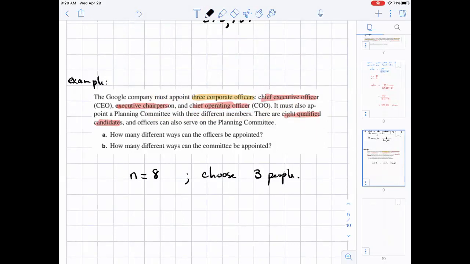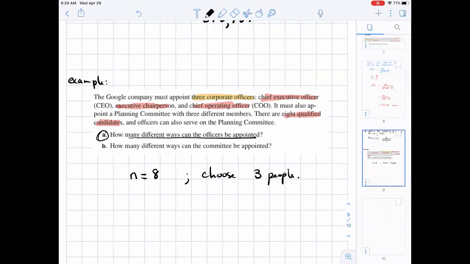Now, if you look at part A, how many different ways can the officers be appointed? Well, these are officers. You're picking people, so does the order matter? It's the same as a presidency, right?